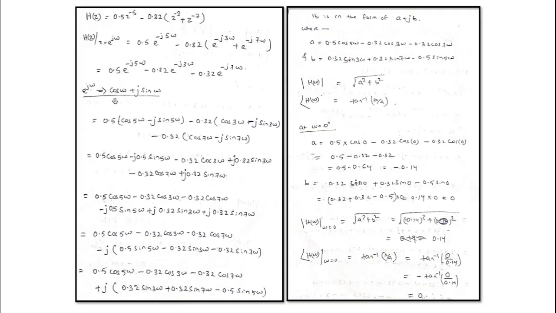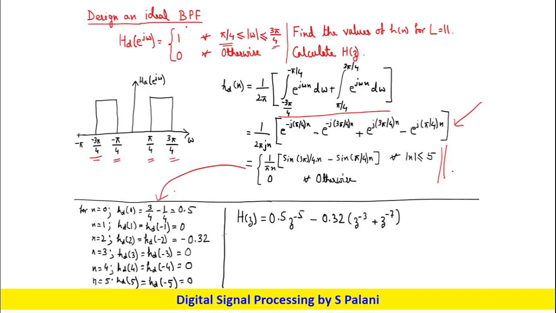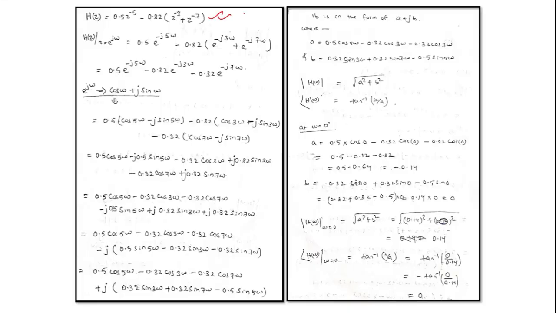Let's see. Suppose we take this example, H of z is equal to 0.5 z to the power minus 5 minus 0.32 within bracket z to the power minus 3 plus z to the power minus 7. I have taken this equation for the sake of simplicity, but it can be applicable to any transfer function.